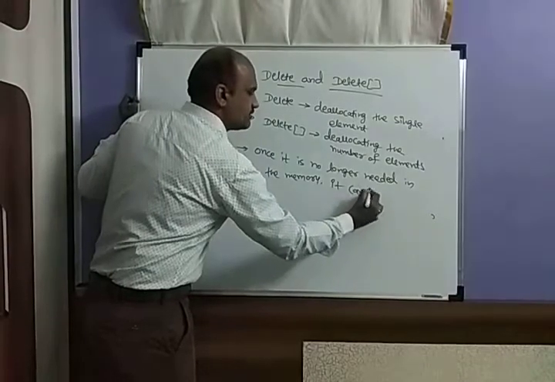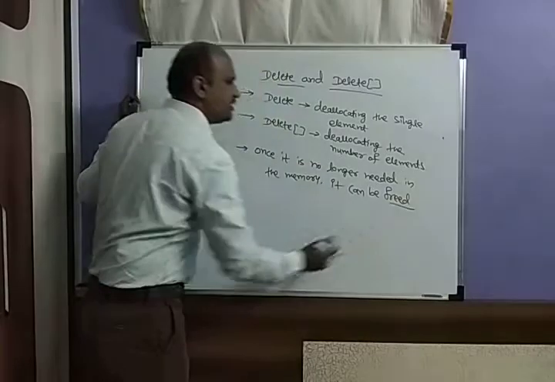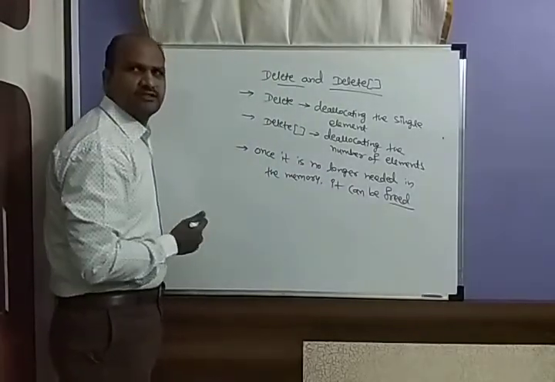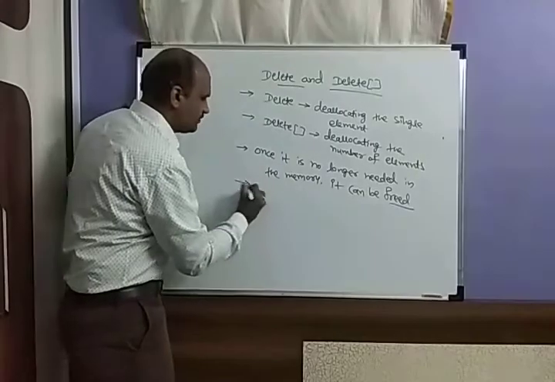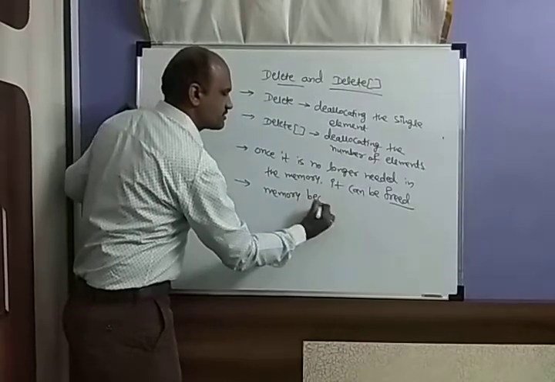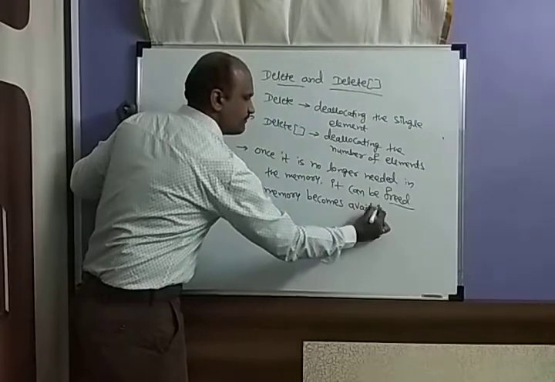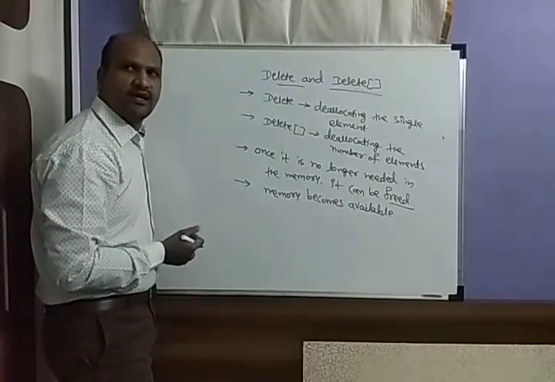Freed means delete. There are so many elements which are not used, so you can delete them, because then the memory becomes available. When you free it, you can have the memory to allocate again.